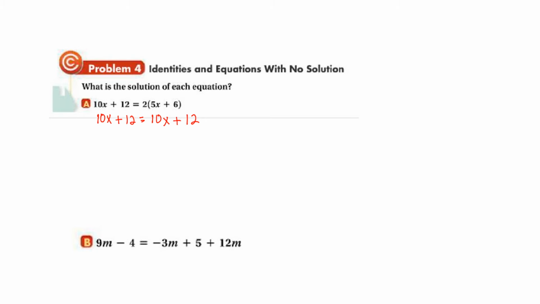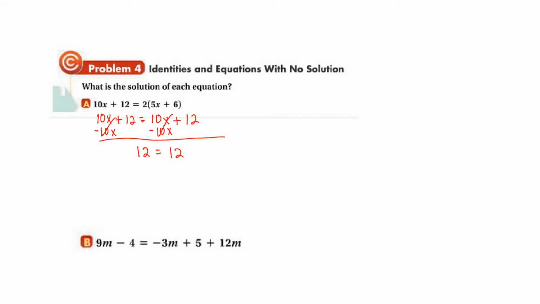Now, then I would look to get my variable terms on the same side, and if I look here, I have a 10x on both sides. So if I subtract 10x from both sides, what happens is the variable terms zero out, and I'm left with 12 equals 12. So I ask myself, does 12 equal 12? Yes, it does.